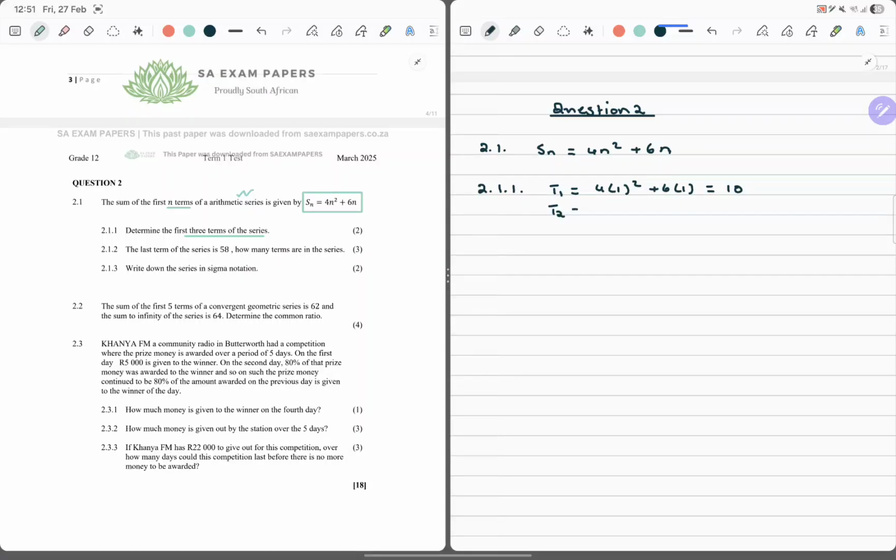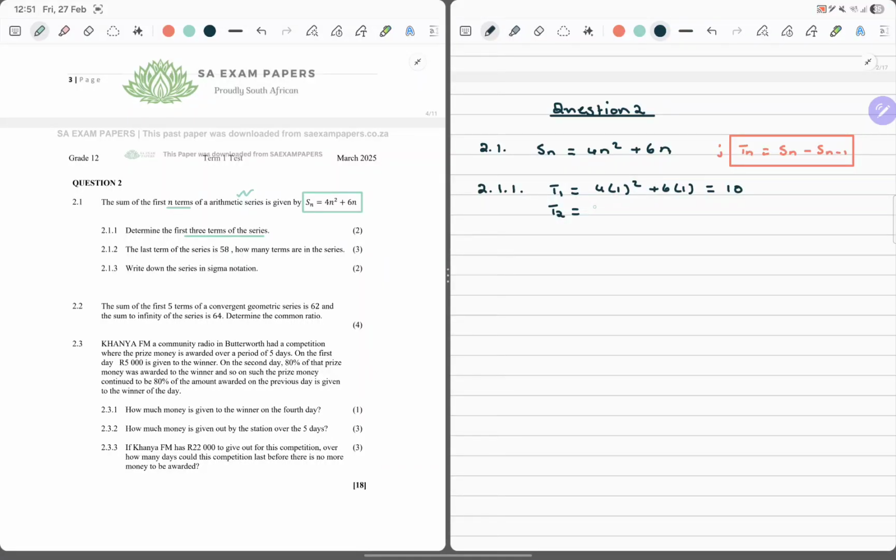And then T2 is going to be, now just note that here we know that T sub n is going to be Sn minus S(n-1). That's the formula I showed. So that's just the concept right here. So it's going to be S2 minus S1.